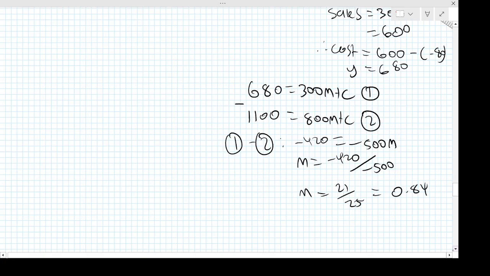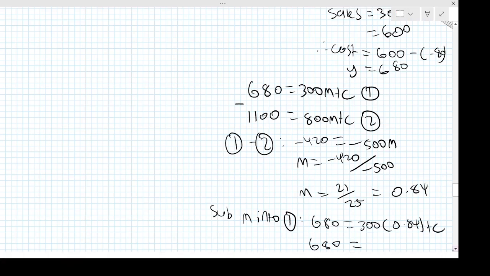Well then I can find the c value. I can substitute m into either equation here. So I'm going to sub m into the top equation, the first one. Then 680 equals 300 times 0.84 plus c. Therefore 680 is 252 plus c.